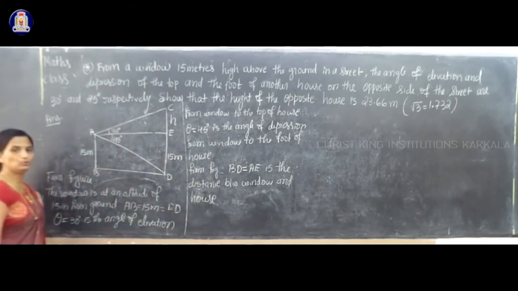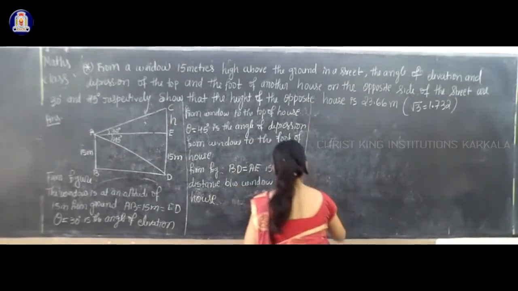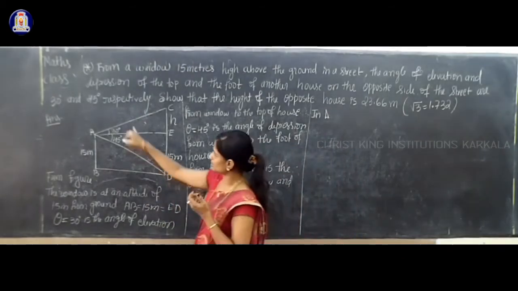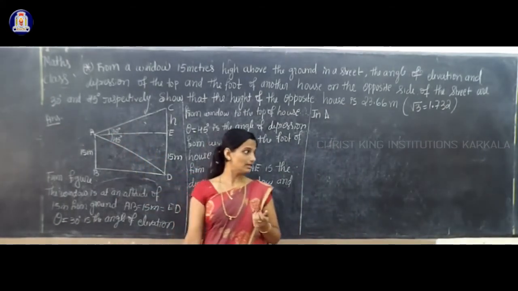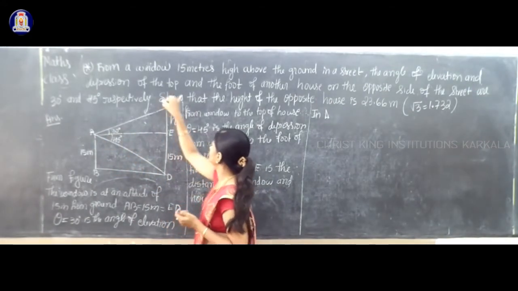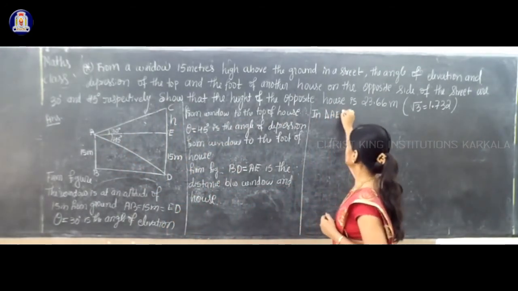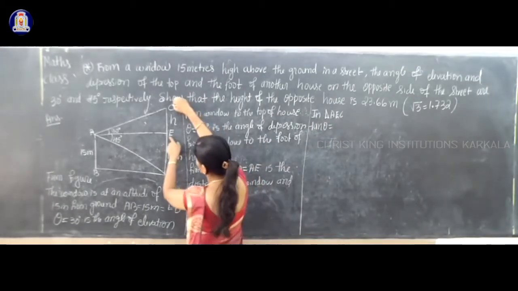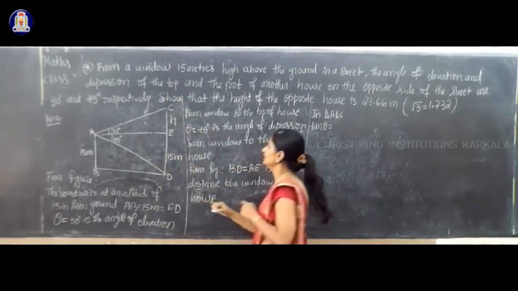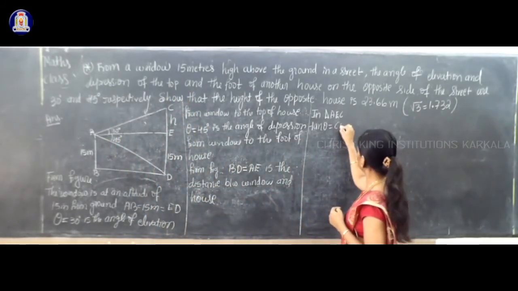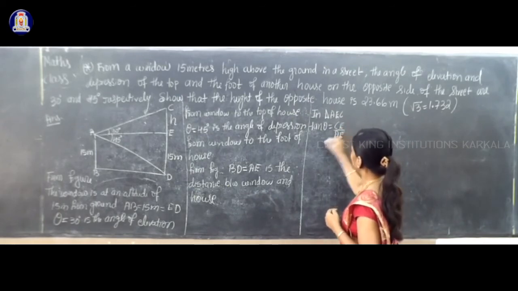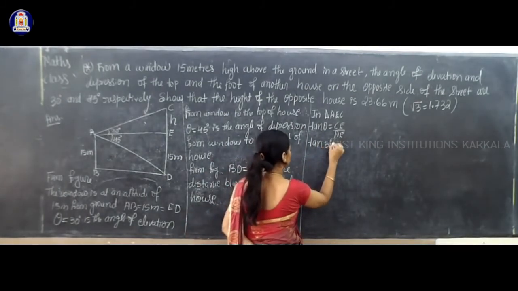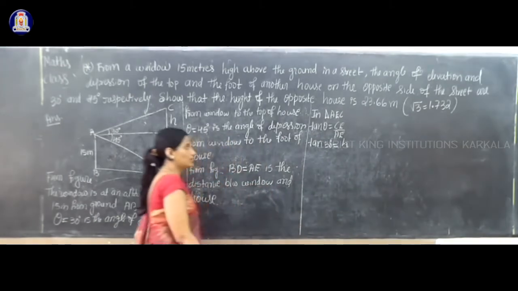Now next, use the triangle. First, in the right angle triangle for 30 degree, which one is it? AEC. So tan theta is equal to the opposite side CE, that is h.